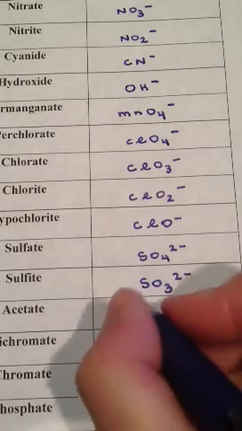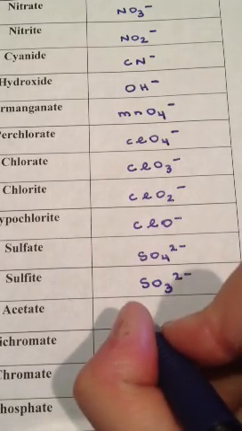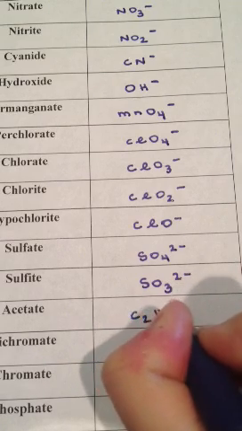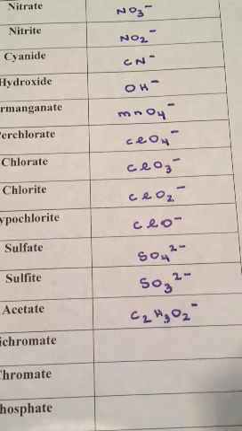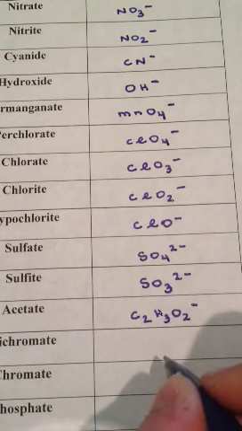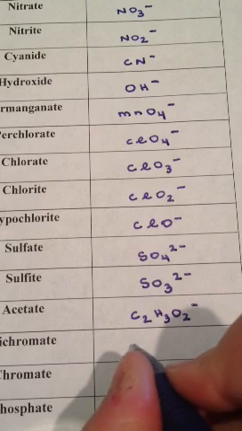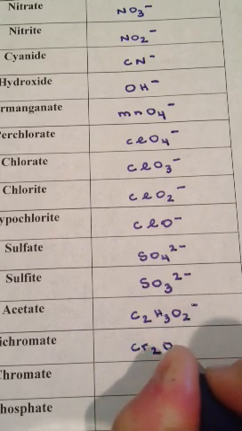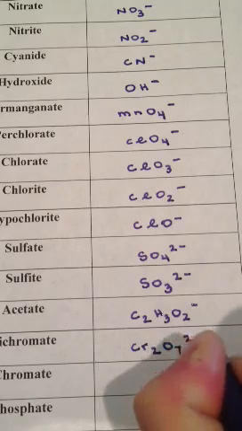Acetate, which is my favorite ion, you'll see why it's kind of funky. C2H3O2 minus. All right, don't let these severely overwhelm you guys. We're going to get a lot of practice with them. Okay, di meaning 2, dichromate, so Cr2, and then it's O7 with a 2- charge.